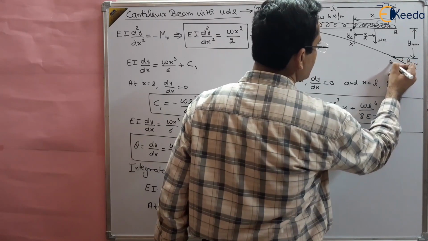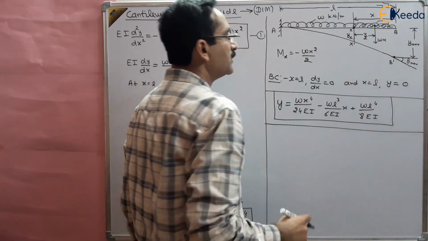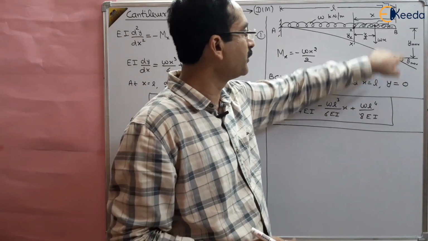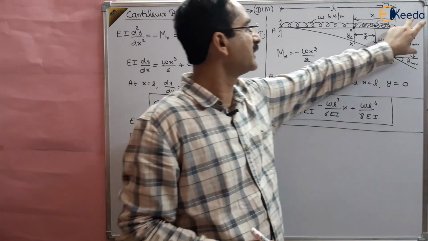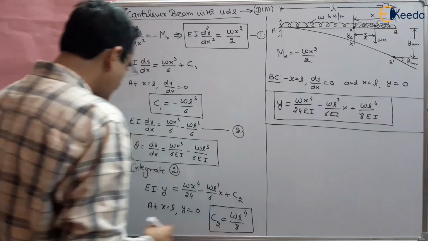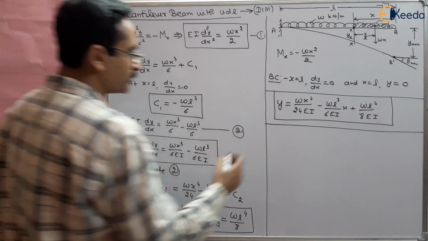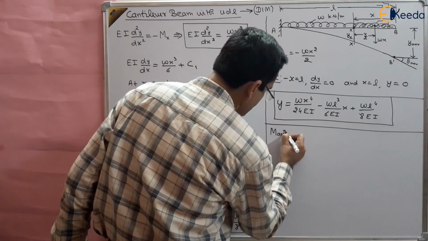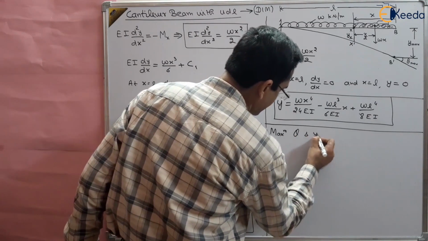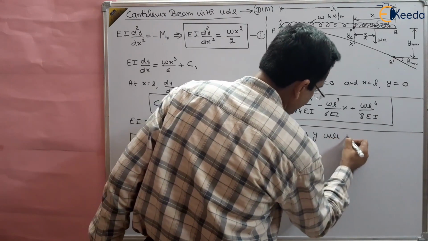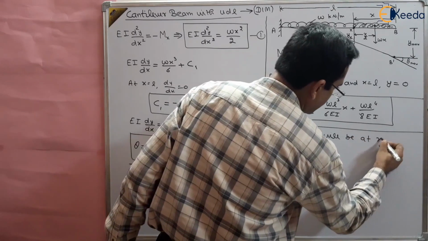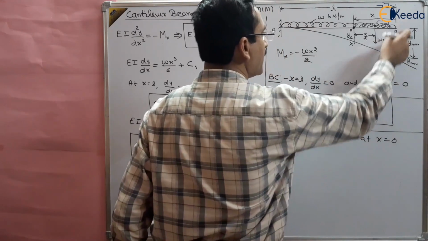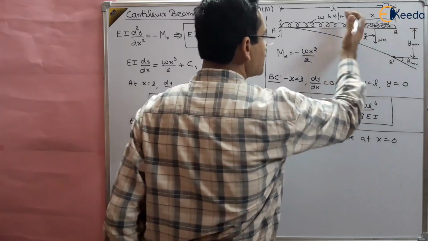This point was B to B dash. So slope will be maximum at this point. At B point slope will be maximum, as well as deflection will be maximum, right? So maximum slope and deflection will be at x equal to 0, because at B point x is 0, because x is starting at this point, right?